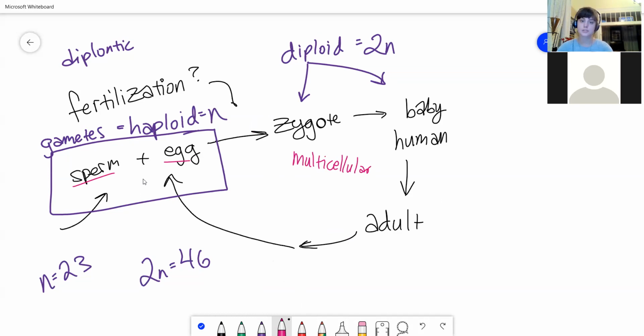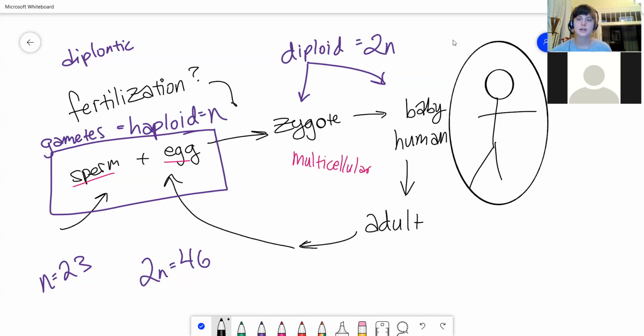Okay, plants are super weird. Instead of just having sperm and eggs come from the adult plant, we have separate haploid structures that produce the gametes. This is what's weird. Instead of being diplontic, plants are haplodiplontic. So let me draw a little person again for comparison. In a person, all of their cells are diploid.